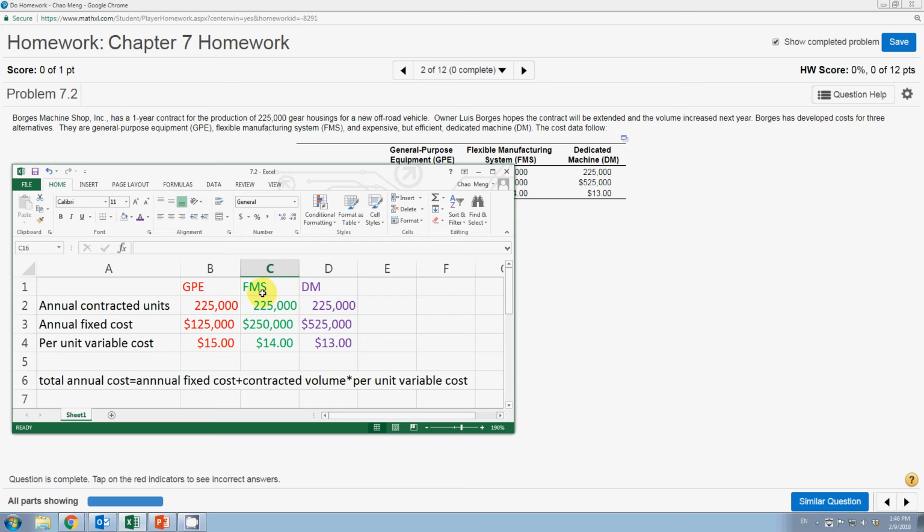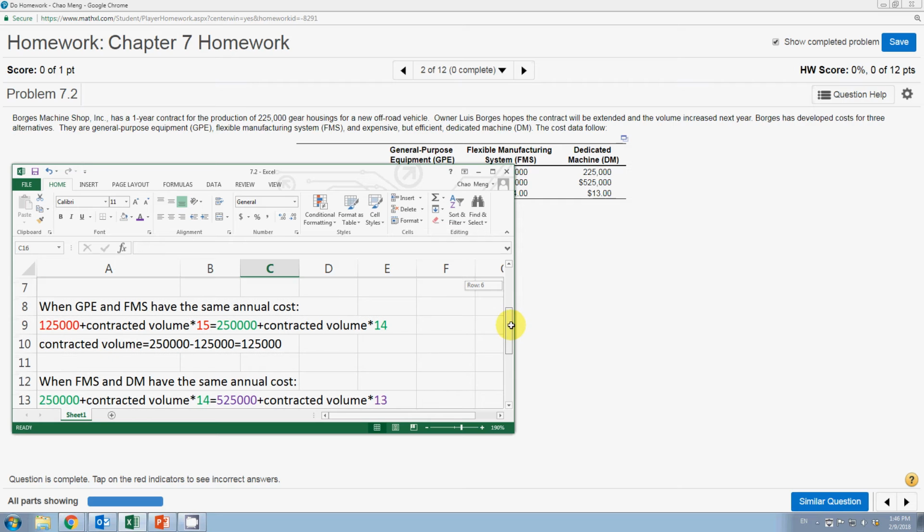Okay, what about the second one and the third one? So let's do the same. So when those two options have the same annual cost, the two annual cost items should be equal for those two options. So the first one is annual cost for the flexible manufacturing system. That is the fixed cost plus the contracted volume times the variable cost. On the right-hand side of the equation, that's the fixed cost of the third option, the dedicated machine, plus the contracted volume times the variable cost.